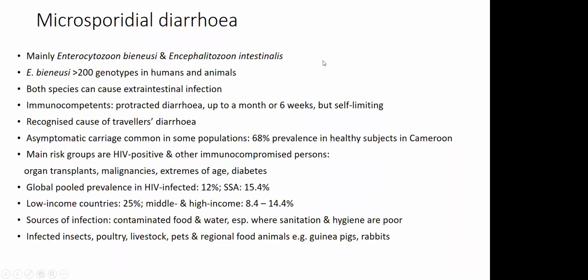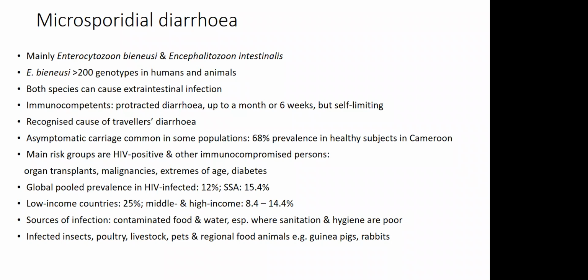These first patients had diarrhea, and microsporidial diarrhea is really the most common form of microsporidial infection. There are two species which are mainly involved, particularly Enterocytozoon bieneusi, and to a lesser extent, Encephalitozoon intestinalis. Now, E. bieneusi is a very ubiquitous pathogen.